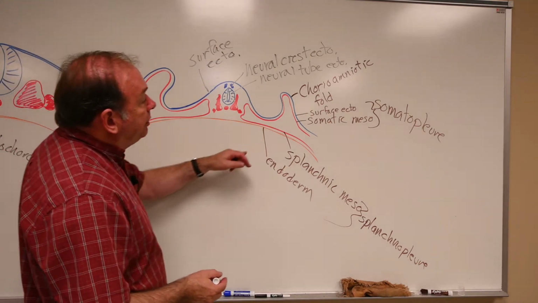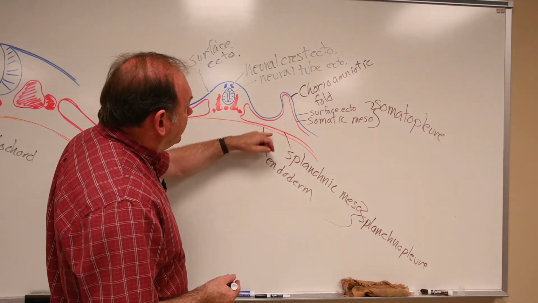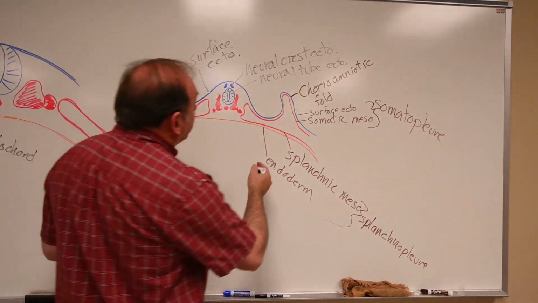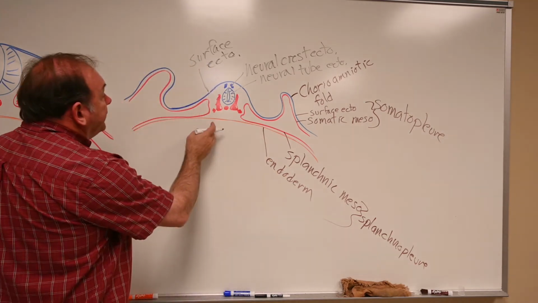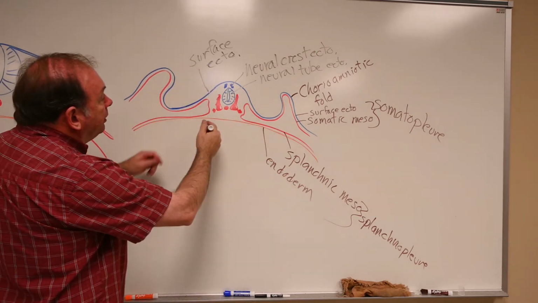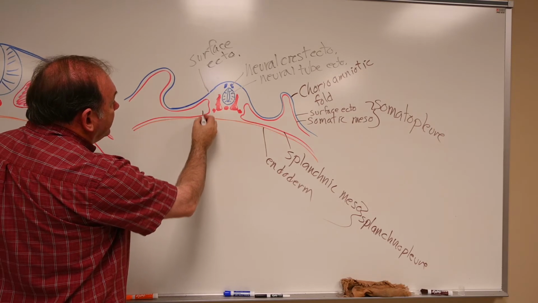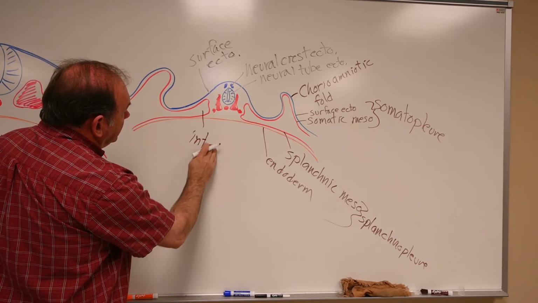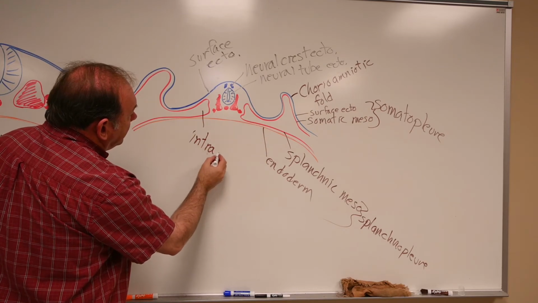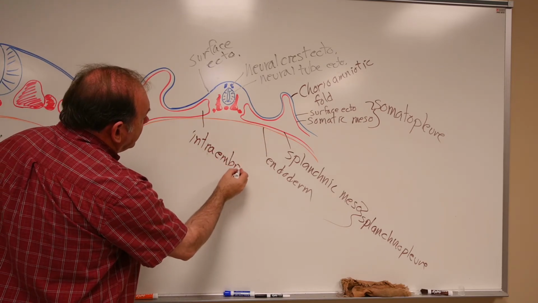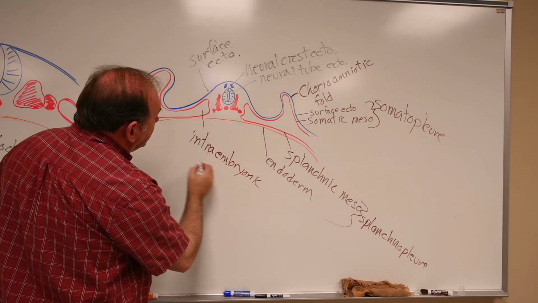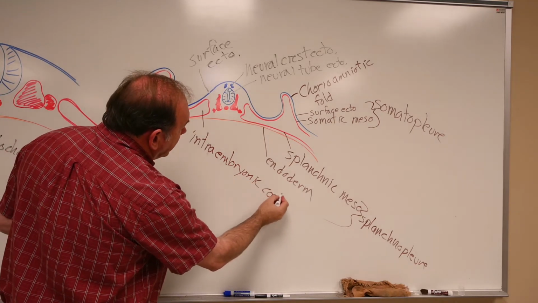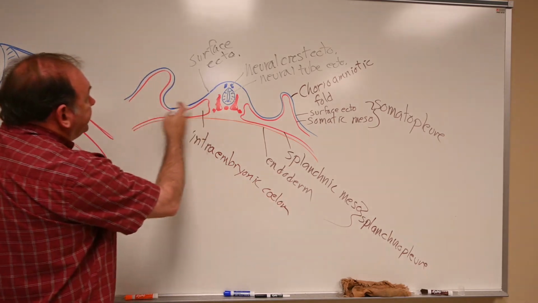So in addition to the splanchnopleure and somatopleure layers that we can label here, we could also label the coelom. The coelom portion that's going to be included in the embryo right here is called intra-embryonic coelom. And that is found out here.